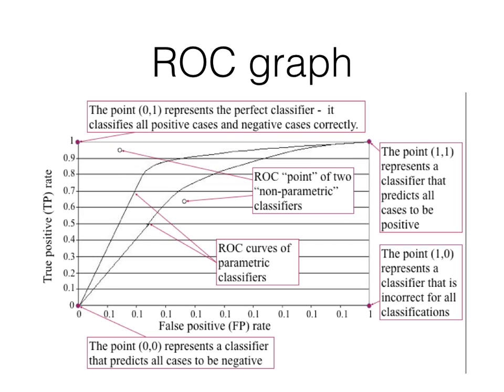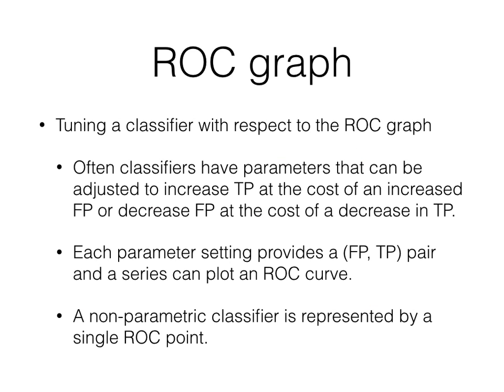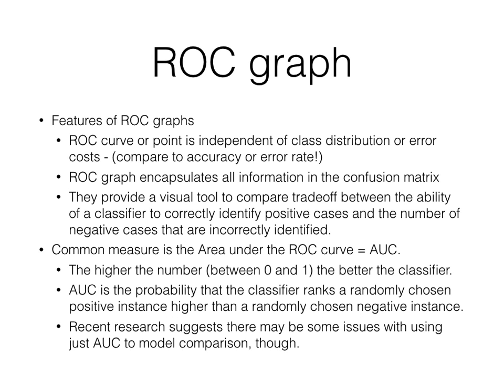So you want curves that bow out from that more. So, as I said before, often classifiers have parameters that can be used to adjust the true positive at the cost of increasing the false positive. So non-parametric classifiers are points, parametric classifiers are lines.